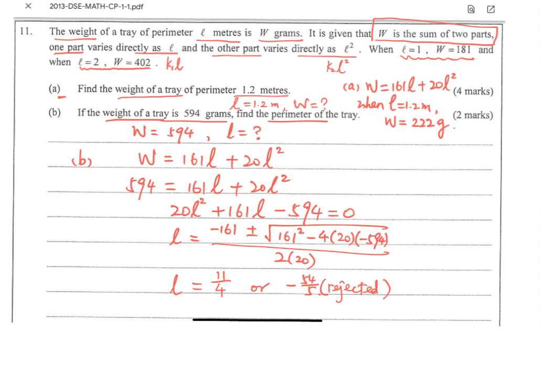So therefore, the perimeter of the shade is 11/4 meters, which is 2.75 meters. Okay, that's the end for part B.